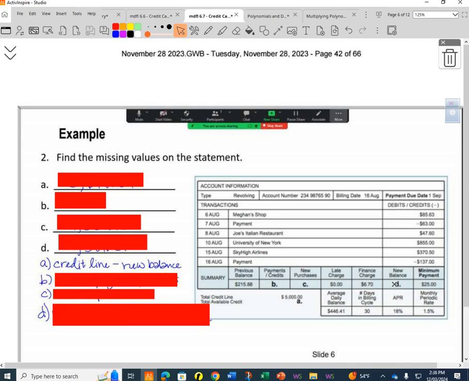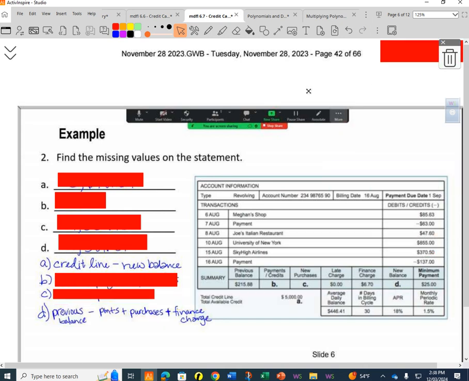You're going to find out your new balance first. So your new balance, remember, is D. That's going to be your previous balance minus payments plus purchases plus finance charge. So here, previous balance, $215.86, minus the payments, this $63.137, plus the purchases, this purchase, this, and this.